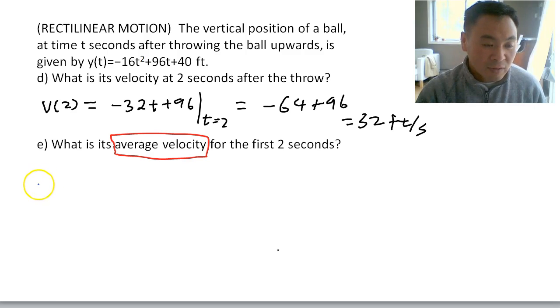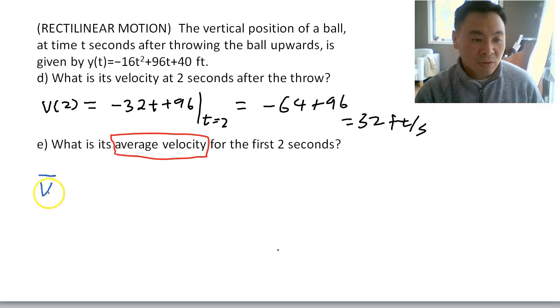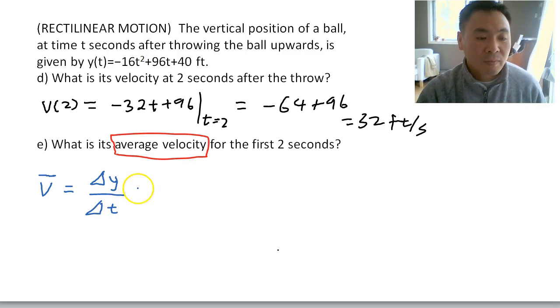So let me write this down. For the average velocity, usually you put a bar over to indicate it's the average. Average velocity is the change of the position divided by the change of time. So this has nothing to do with the derivative, and people use derivatives thinking that's what they want and get this question wrong. So let's think about this.